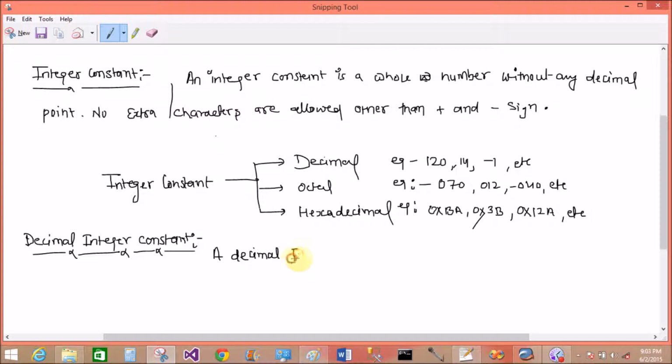Decimal integer constants can be any number or any combination of digits from 0 to 9.